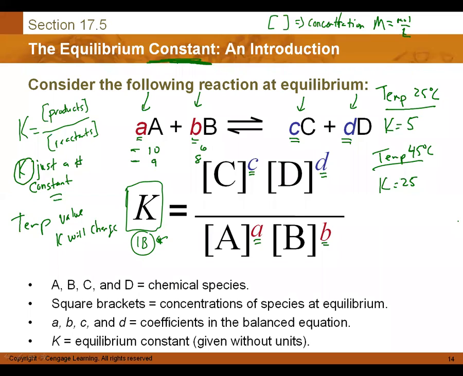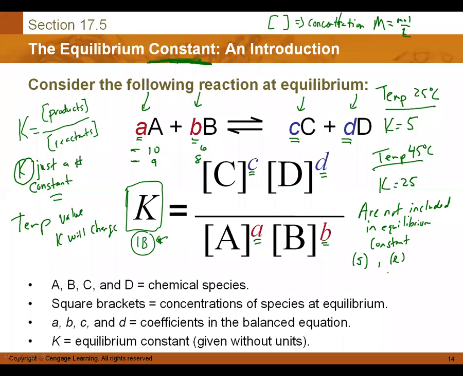Now, when we look at these reactions, there are a couple of things that are not included in an equilibrium constant. And that is solids and liquids are not included in the equilibrium expression.